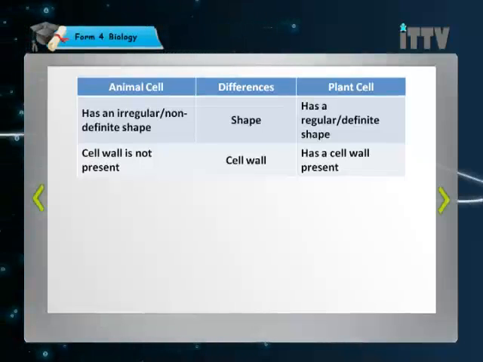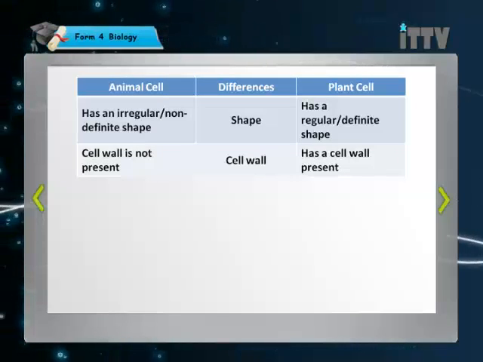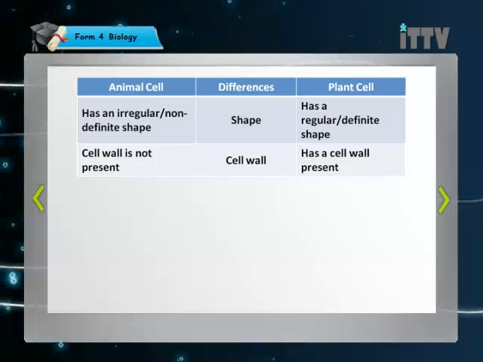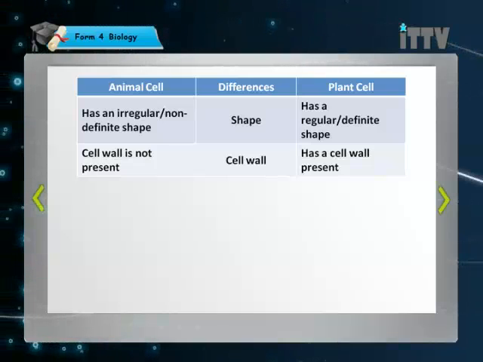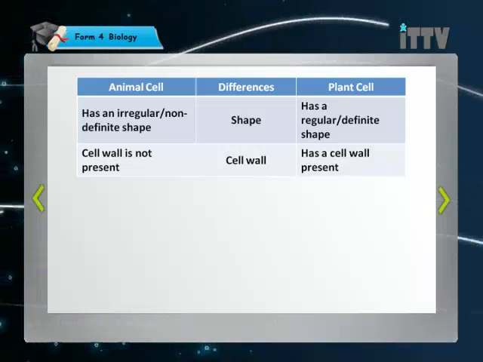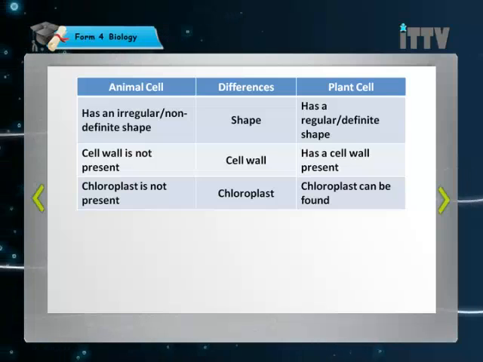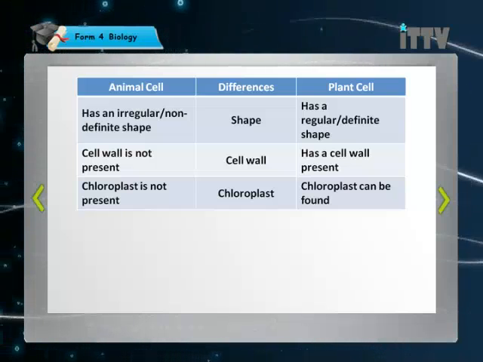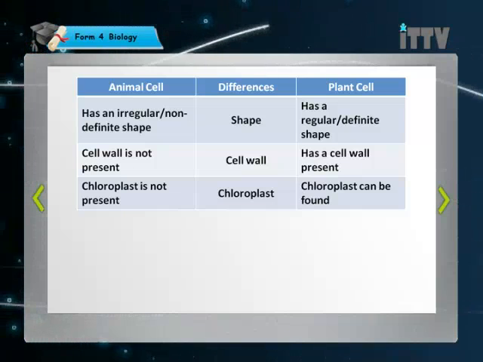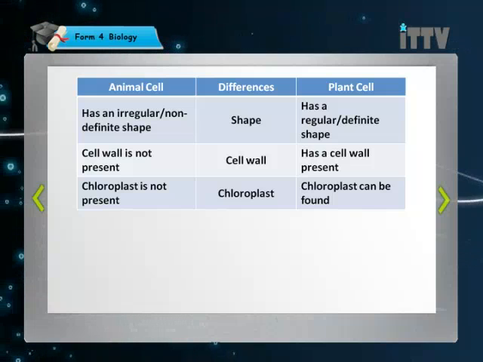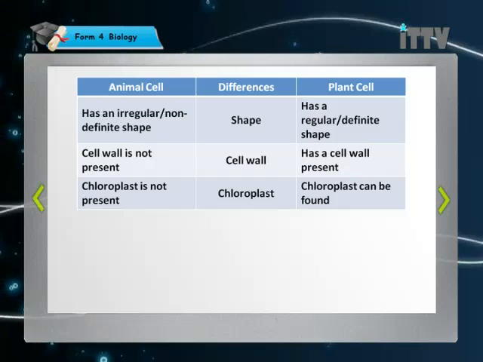Okay? Let's take a look at the second point. In an animal cell, cell wall is not present. However, plant cell has a cell wall which is present. Next, in an animal cell, chloroplast is not present. However, in a plant cell, chloroplast can be found.